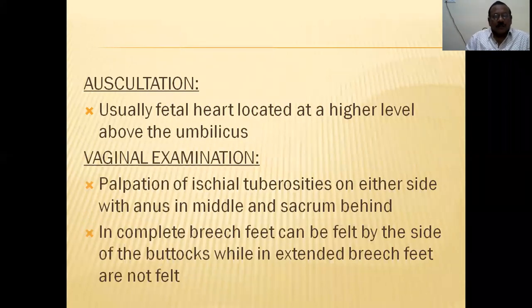On auscultation, usually the fetal heart is located at a higher level, above the umbilicus, whereas in cephalic presentation, the fetal heart lies below the umbilicus on the left side or on the right side, depending on the position of the head.